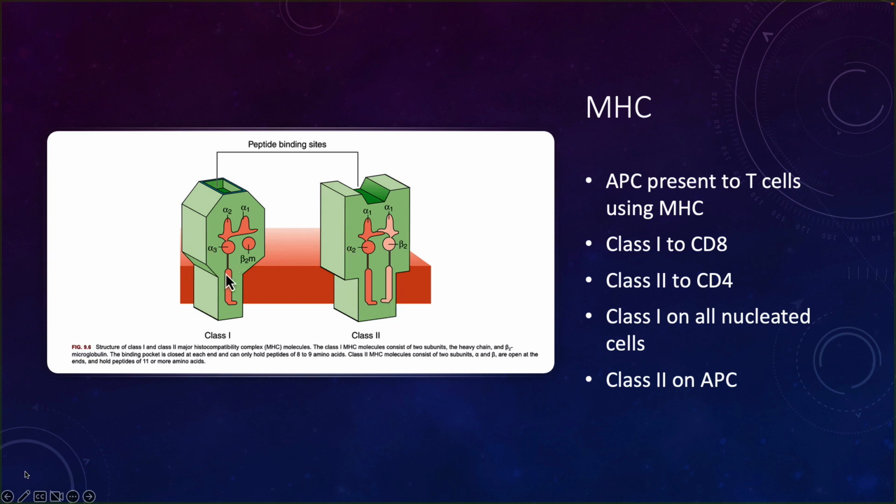The binding pockets are slightly different sizes, so the antigens presented by class 1 and class 2 will be slightly different sizes. Class 1 MHC, again, remember, will present to those cytotoxic or CD8 positive T cells, whereas MHC class 2 will present to CD4 positive T cells or helper T cells. Class 1 are found on all nucleated cells, whereas class 2 are found only on those professional antigen-presenting cells.